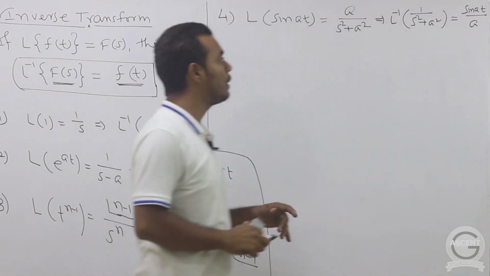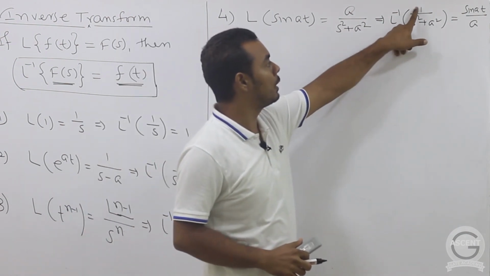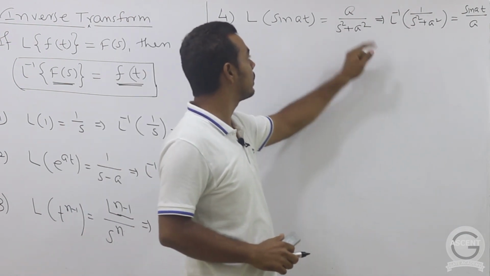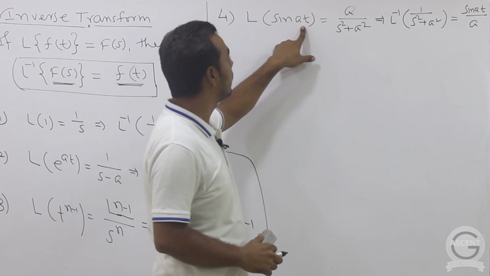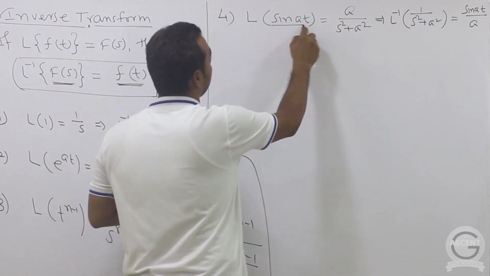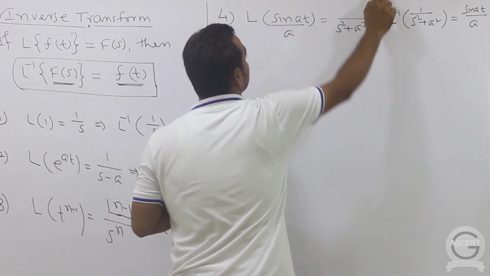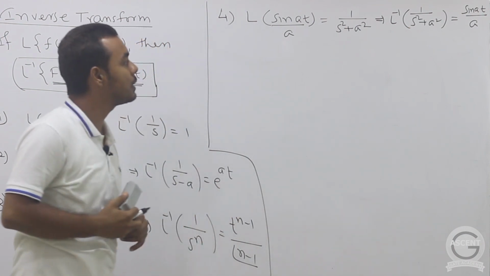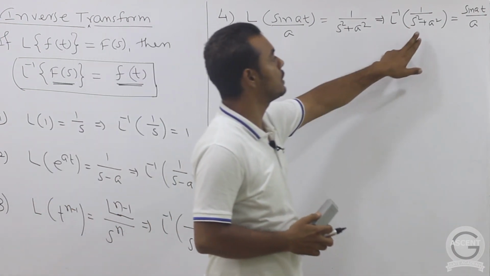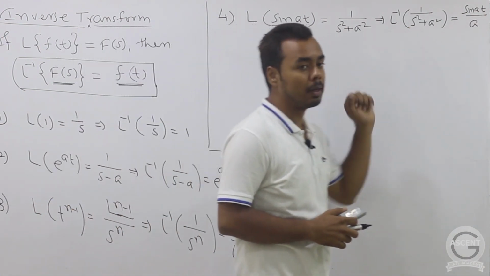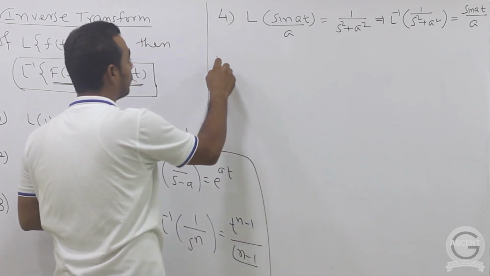This will be the formula, because if we take a here, then Laplace transform of sin(at)/a will be 1/(s^2+a^2), and this means inverse transform of this function will be sin(at)/a. So this will be our fourth formula.